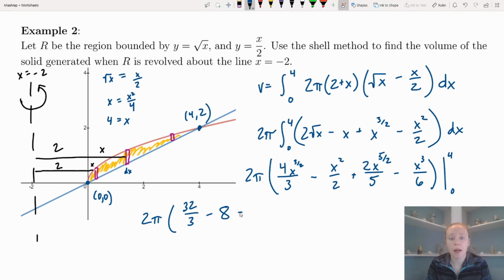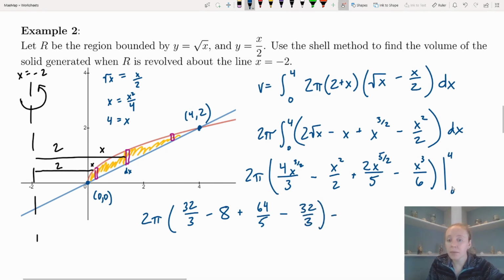That would be 8, plus, now if I take the square root of 4 again, that would be 2, so I'll have 2 to the 5th, which is 32, but I'm multiplying that by 2, so that's going to be 64 over 5 minus 4 cubed. 4 times 4 is 16. 16 times 4 is 64, so that's 64/6. And the nice thing about 64/6 is that both are divisible by 2. So that's really going to leave me with 32/3.